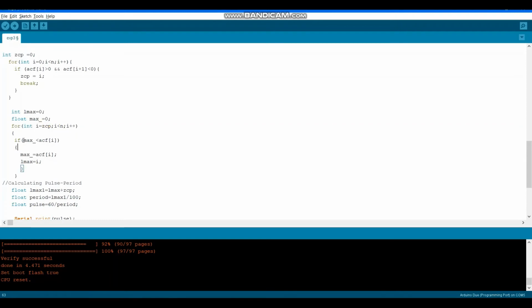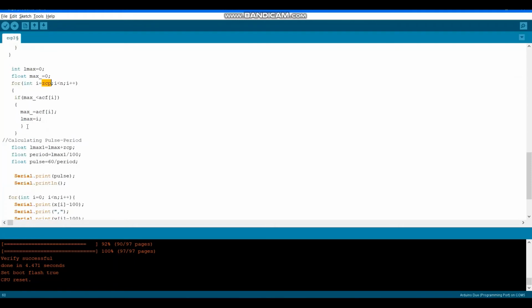If max dash is less than ACF of I, then we change the value of max dash to ACF of I and Lmax to I. Every time this runs, we find the first peak after the zero crossing point, and we are storing it.